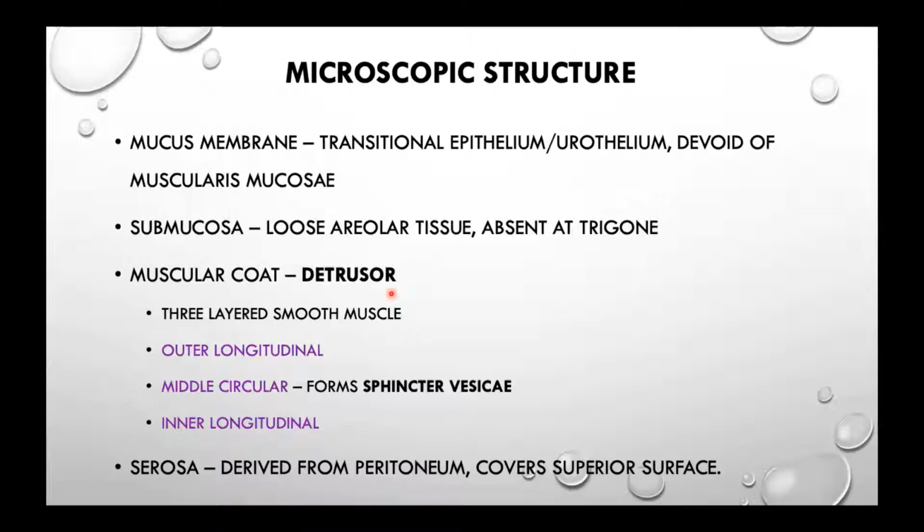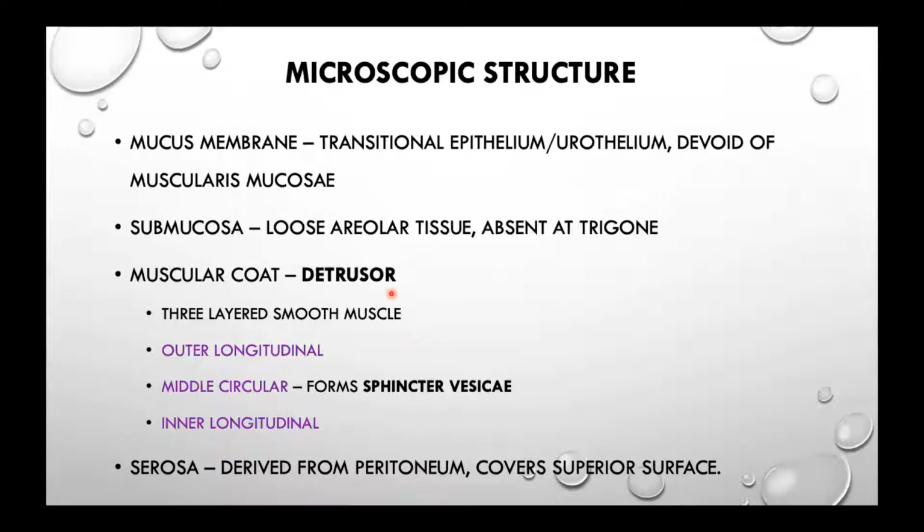It is devoid of muscularis mucosae, meaning there is no smooth muscle layer in the mucosa. Outside that, we have the submucosa, formed by loose areolar tissue, but this submucosa is usually absent in the trigone.